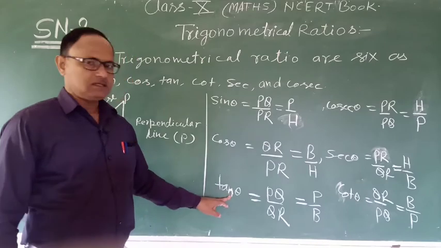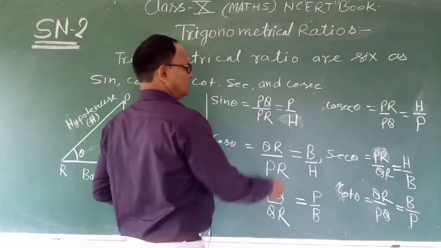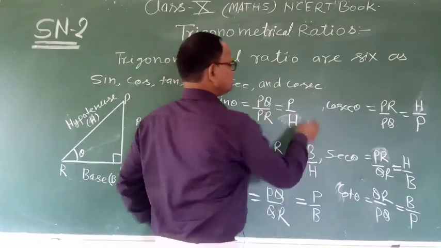So cosec theta is the opposite of sin theta, sec theta is the opposite of cos theta, and cot theta is the opposite of tan theta. Okay students, this is a very important portion.